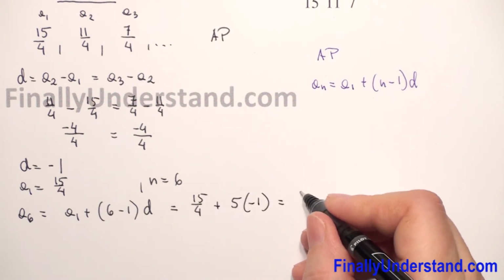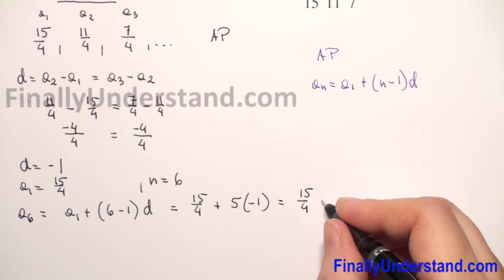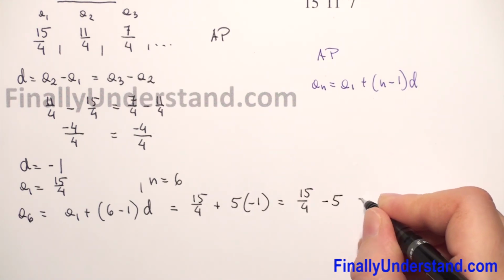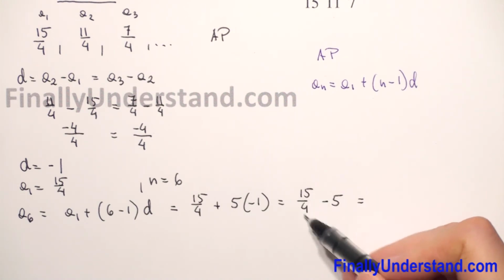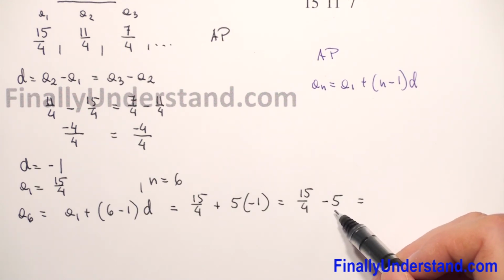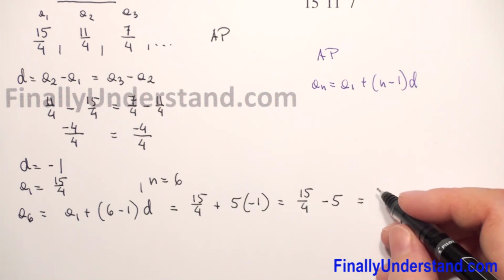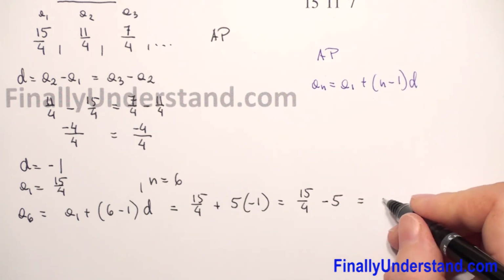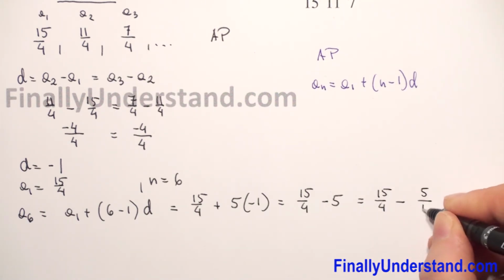So this is equal to 15 over 4, and 5 times negative 1 is negative 5. Because we have a fraction here, I will change this constant number 5 to a fraction with denominator 4. I can always write that 5 is 5 over 1. So let me copy the first fraction, 15 over 4, minus 5 over 1.